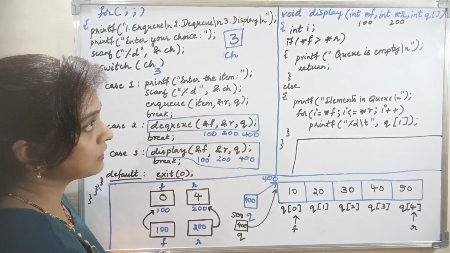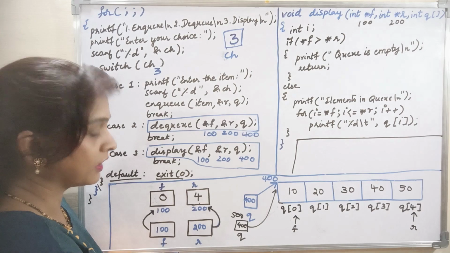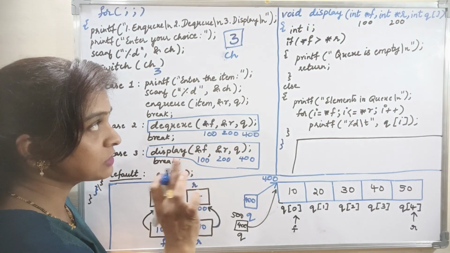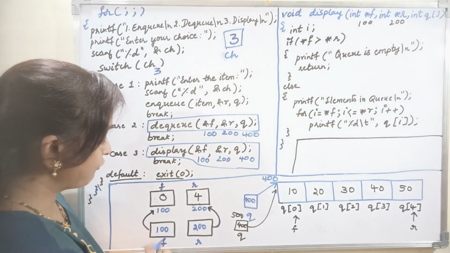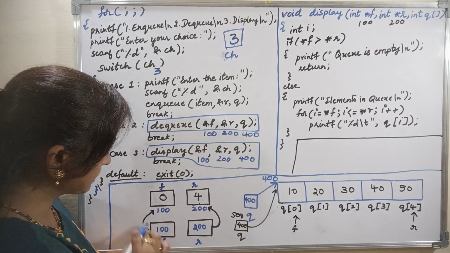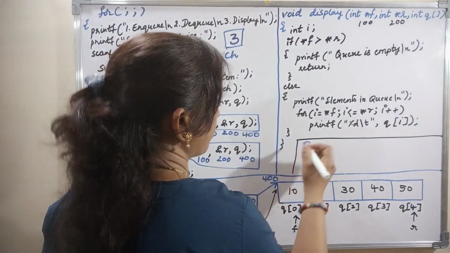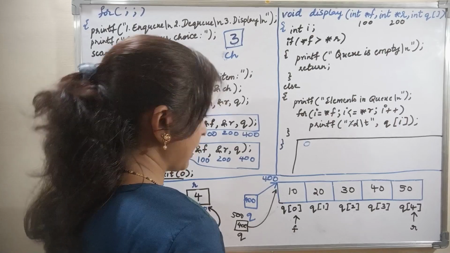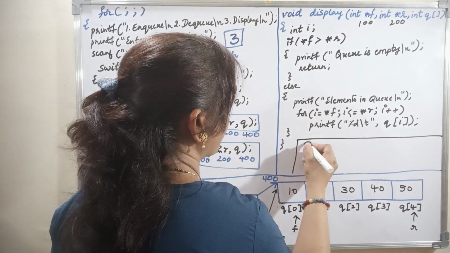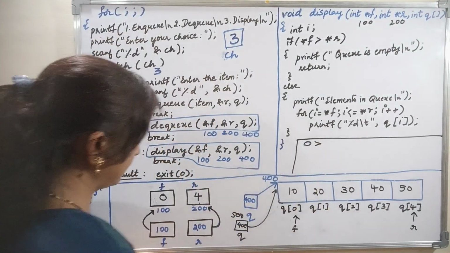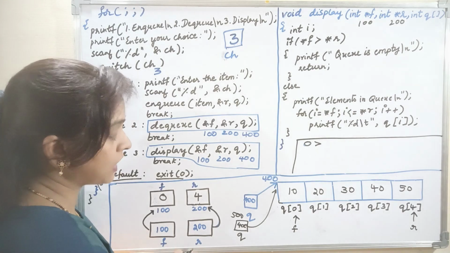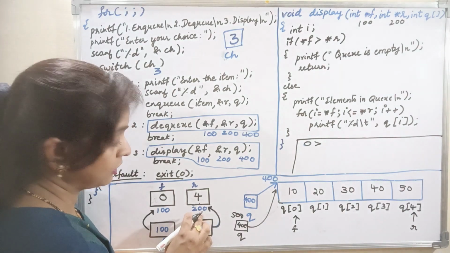So f has received 100. Asterisk represents value at the location. F is 100, means it is pointing to 100. Value at 100 is 0. So I need to check, is 0 greater than asterisk r? R is pointing to 200.